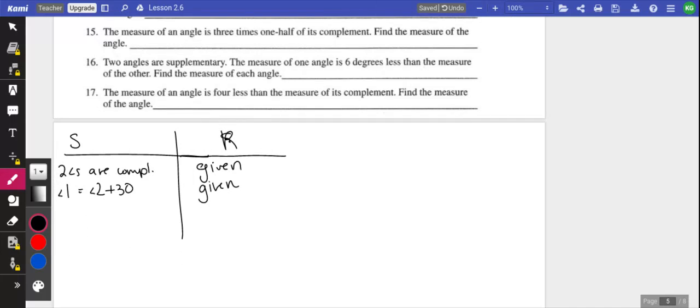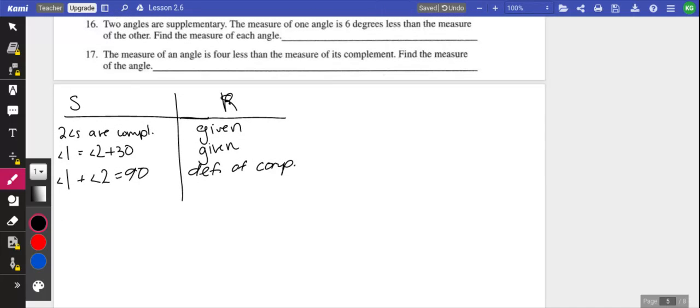So based on that information, first of all, we want to write, what does it mean to be complementary? Well, that means angle 1 plus angle 2 equals 90. My reason is that is the definition of complementary.